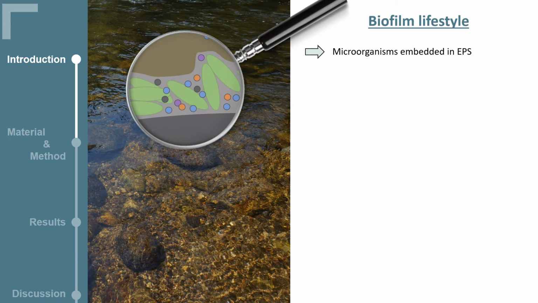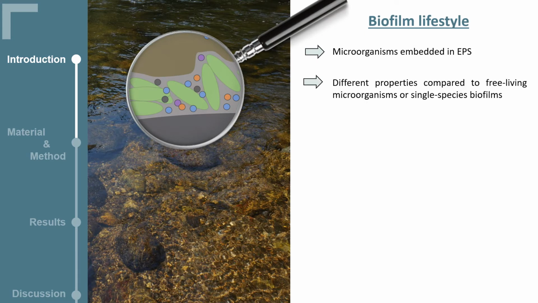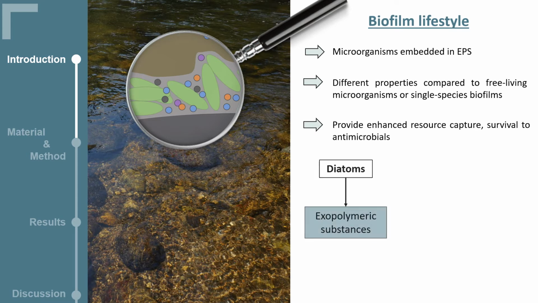This is the case, for example, for biofilms, which are microorganisms embedded in EPS. This lifestyle provides different properties compared to free-living organisms. For example, it provides enhanced resource capture and also survival to antimicrobials. For our study, we chose a model of biofilm composed of a diatom associated with a bacterial consortium.